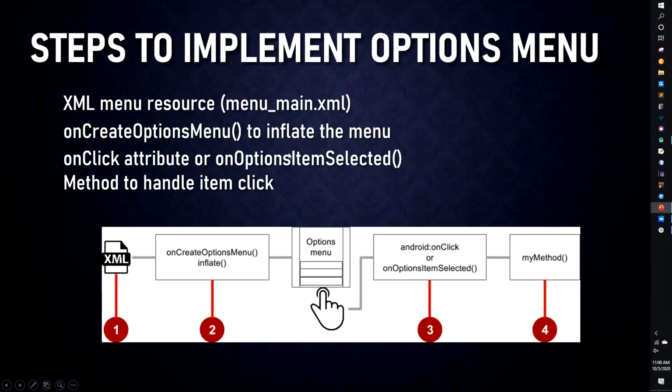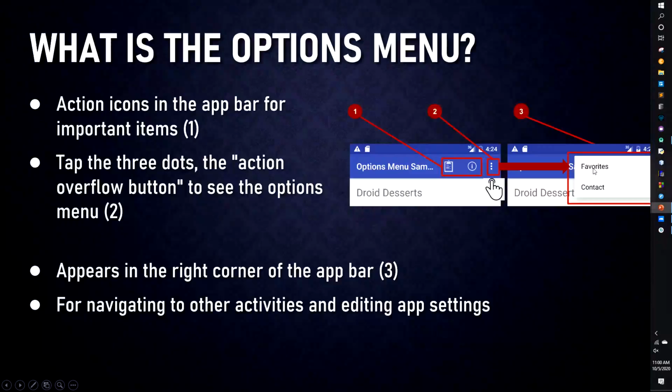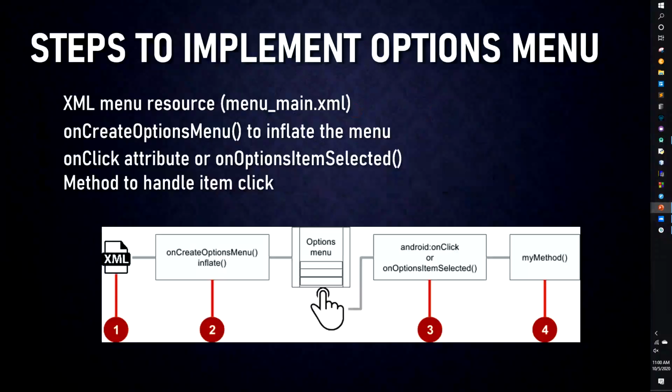When you implement the method called onCreateOptionsMenu, options like these favorites and contacts will appear in this option list.